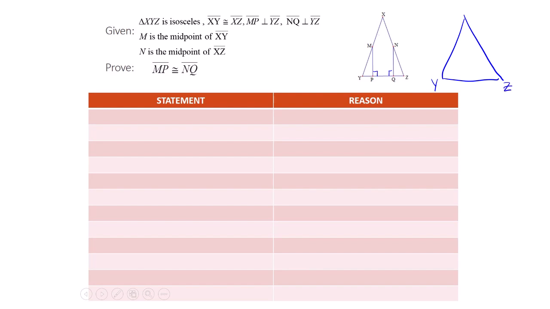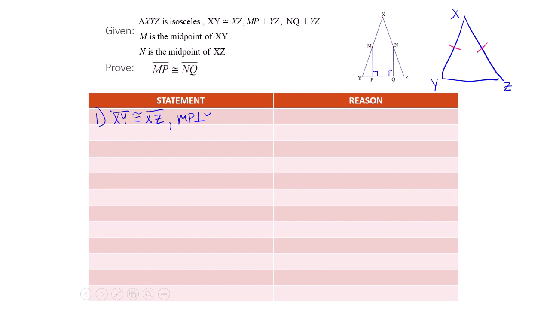So there's another one that you might want to split up. I'm at least going to take out the big triangle here and put it out here on its own. So I'm going to start with XY is congruent with XZ. Okay, and then I'm going to put in all these other givens.